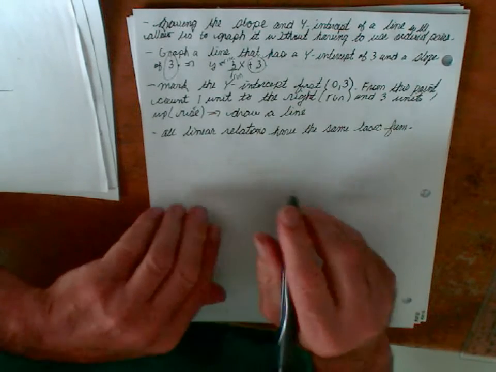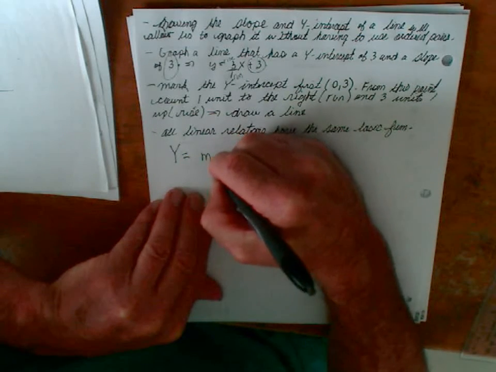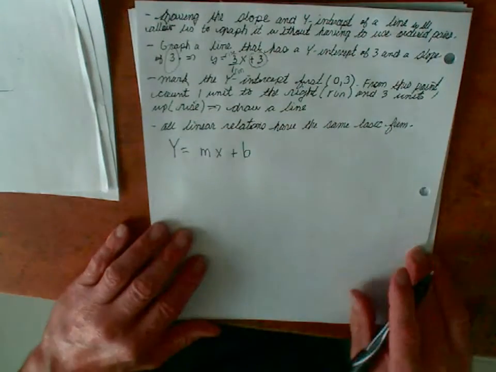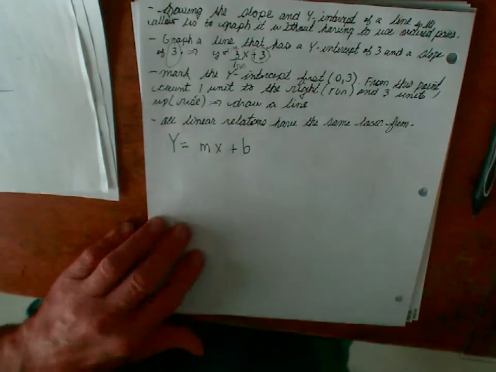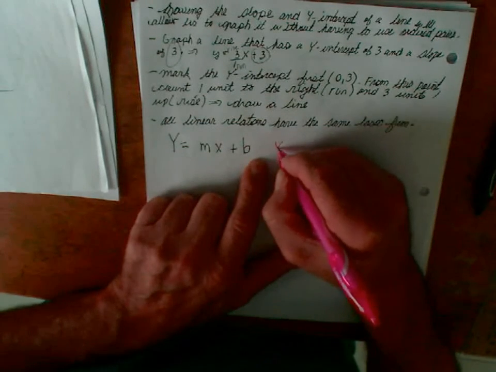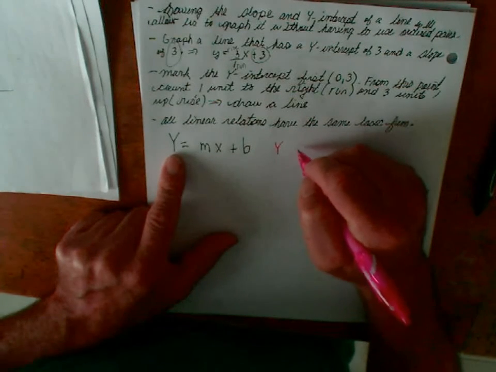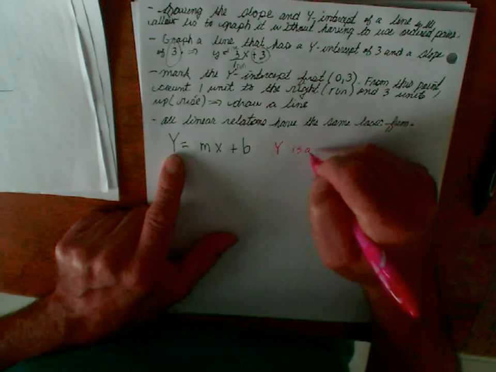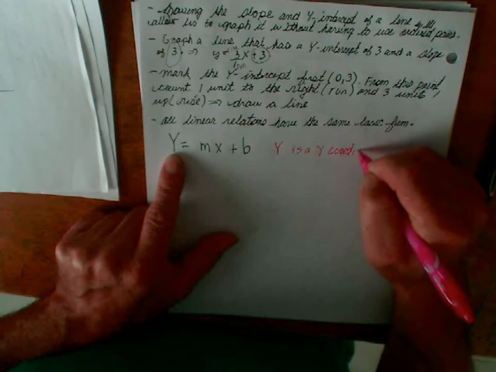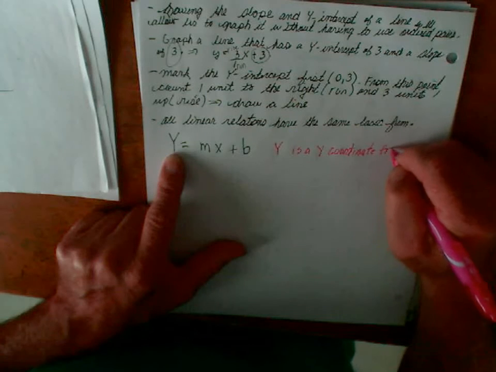This is super important, girls. y equals mx plus b. I'll tell you what these things are now. This y right here is a y coordinate from an ordered pair.